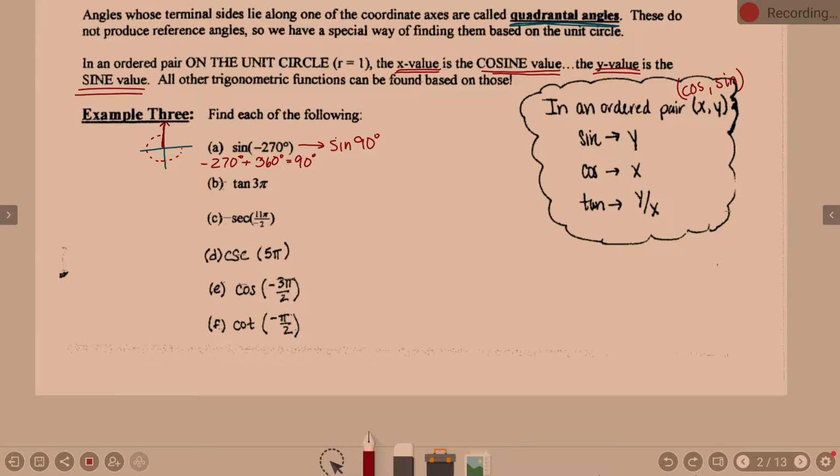So the ordered pair that represents right here is the ordered pair 0, 1. Well, what did we say sine is? Y. Sine is the y value. What's the y value in this ordered pair? 1. So what's the sine of 90 degrees? 1.